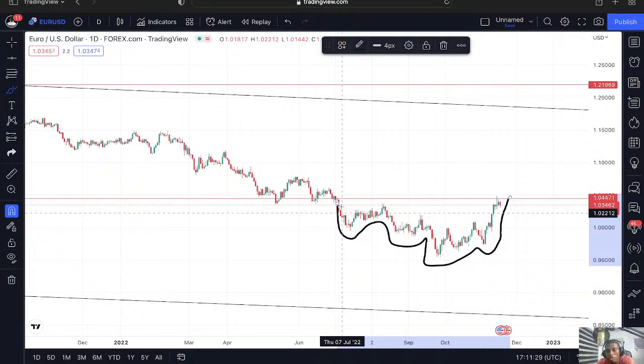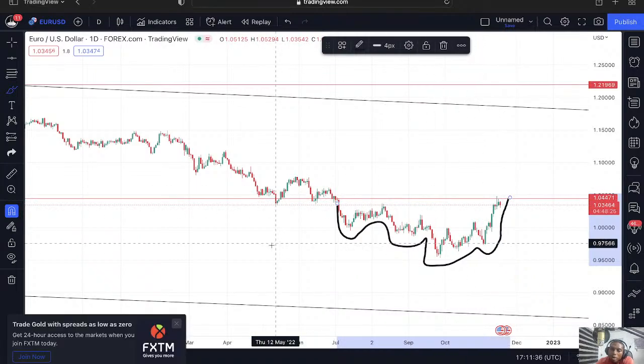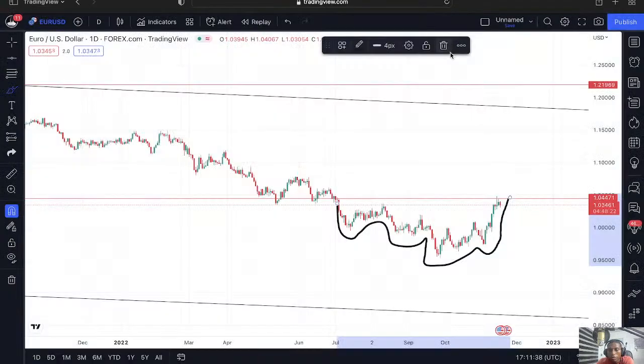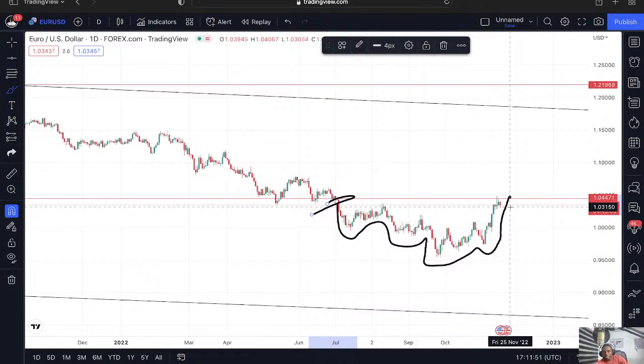This is also more like a retest of the previous support level. A retest of the previous support level that was broken. The support level that was broken at this place is what is retesting here.